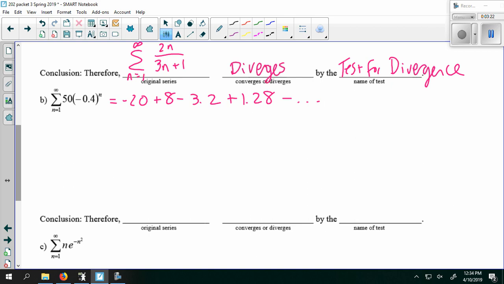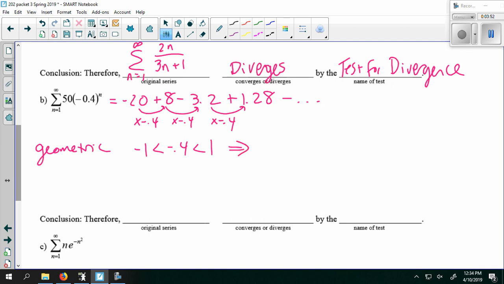So what I might notice, though, is that you're multiplying by negative 0.4 over and over. So times negative 0.4, and then you're multiplying times negative 0.4 again, and then times negative 0.4 again. So this is a geometric series, and my constant multiplier of negative 0.4 is between negative 1 and 1.